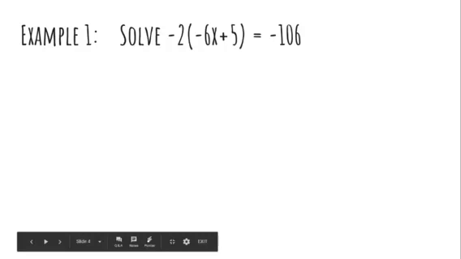Step one was to simplify if necessary, and that included distributing and combining like terms. I see here I have a number outside of parentheses multiplied by parentheses, so I've got to use the distributive property. I'm going to multiply both things in parentheses by -2.